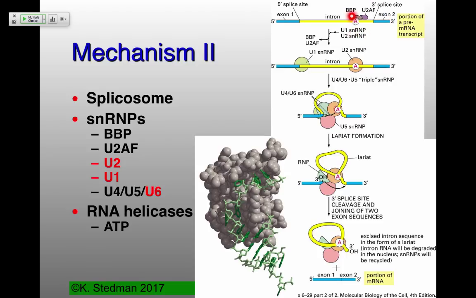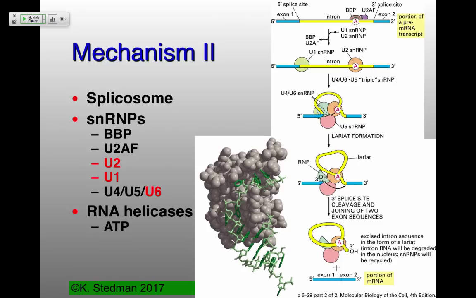They're not RNAs. There's the, again, creatively named BBP, the branch binding protein. Why the branch? That's where you have this funky 2' 5' bond, which is going to form at this adenine residue. The other protein which is involved here is the U2AF.